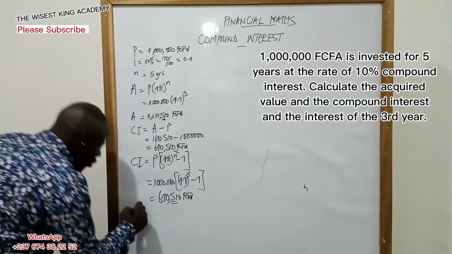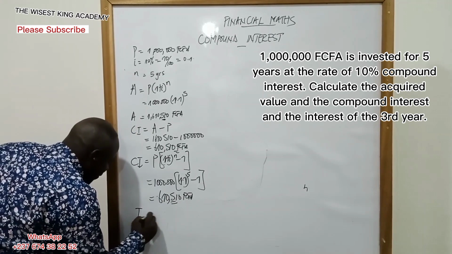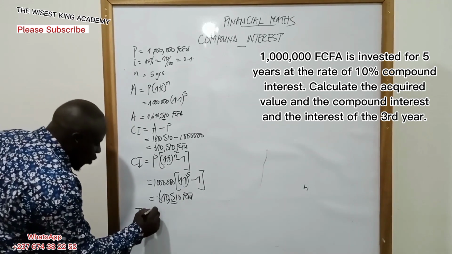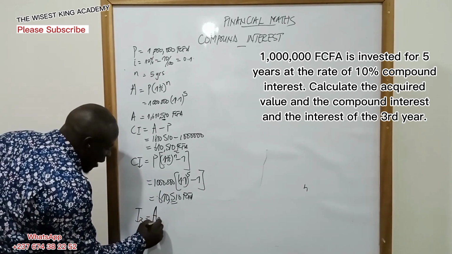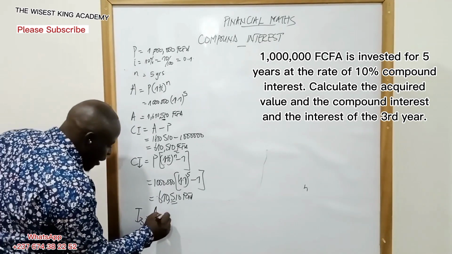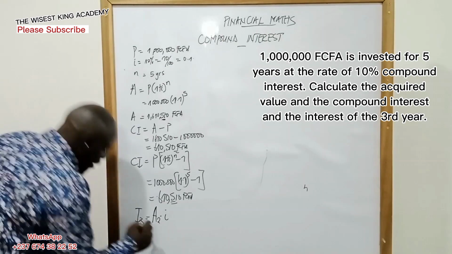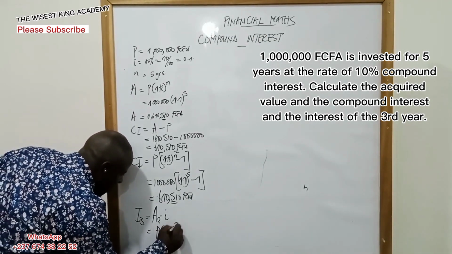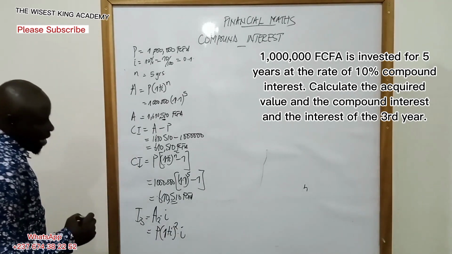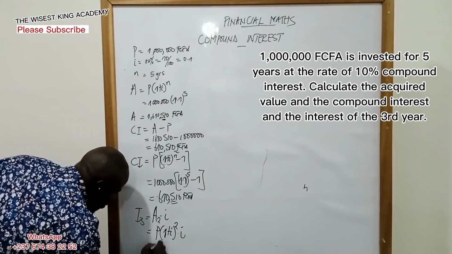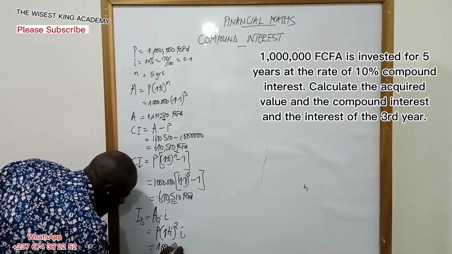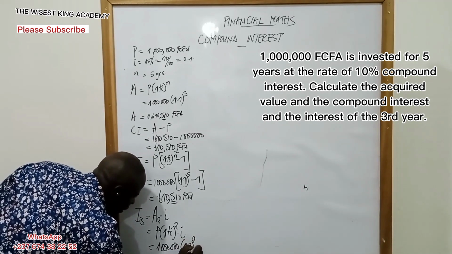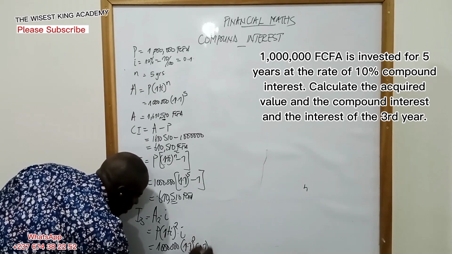Now, they also ask us to calculate the interest at the end of the third year. The interest at the end of the third year will be the acquired value at the end of the second year times the interest rate. And this will be equal to P into 1 plus i raised to the power 2 times i, which will be equal to 1 million into 1.1 raised to the power 2 times 0.1.